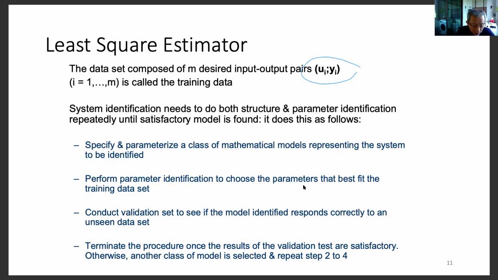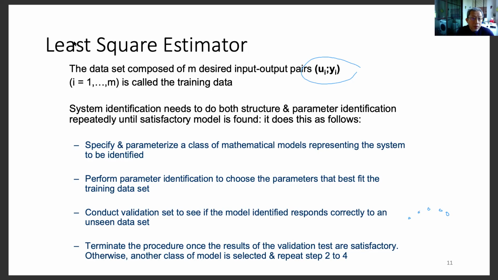We usually use several methods for validation. The popular one is the best fit. For best fit, the best model follows the data exactly, on top of the data. Meaning that if we have something like this, this is your data.